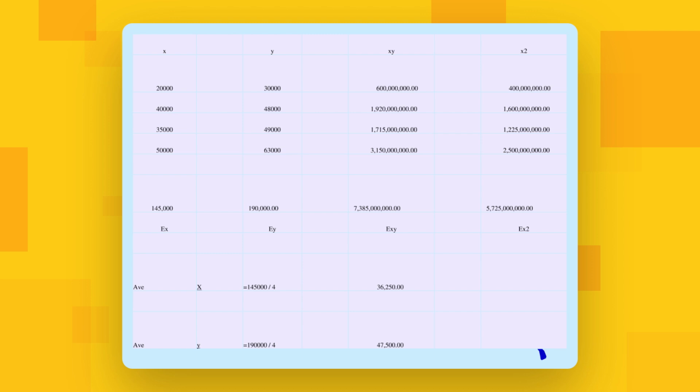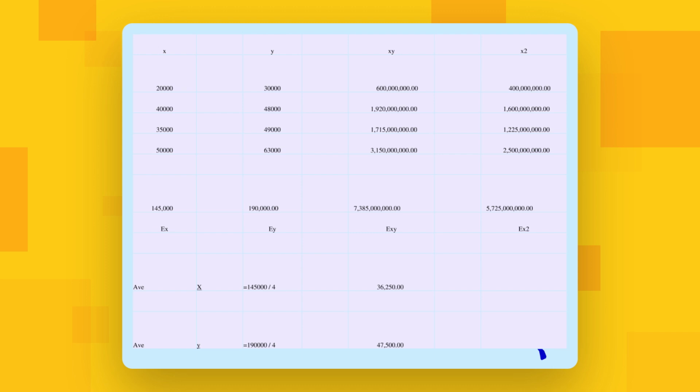Next one. This is the average. What would be the average of X? If you go to this slide, you add the summation of X at 145,000. Just divide it by 4 and you have 36,250. You also have the average of Y. In terms of the average of Y, you have 190,000.